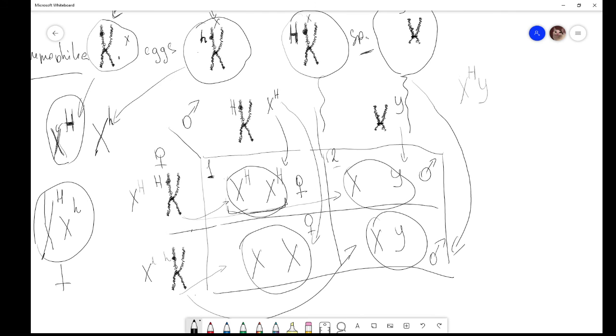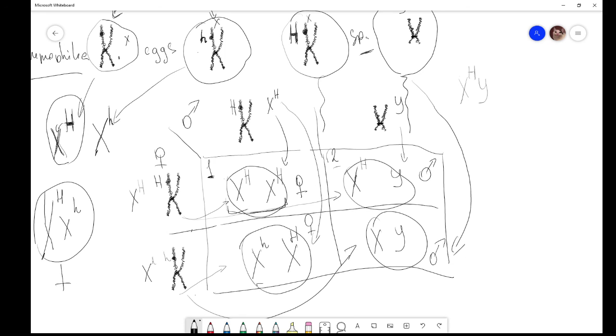This boy took from mother an X with the dominant allele, and from father he took a Y chromosome. This girl took from mother the recessive allele, and from father the dominant allele.